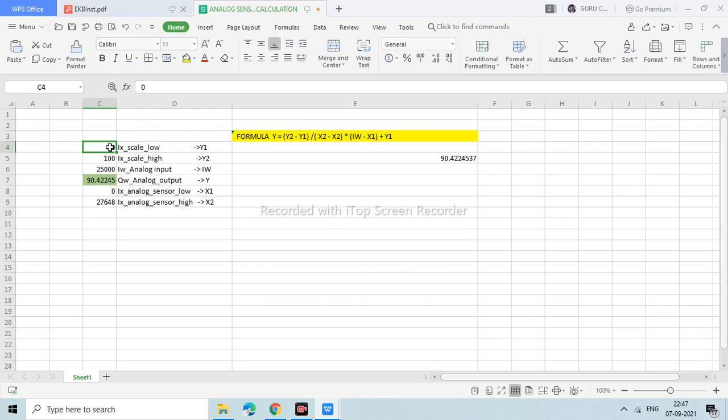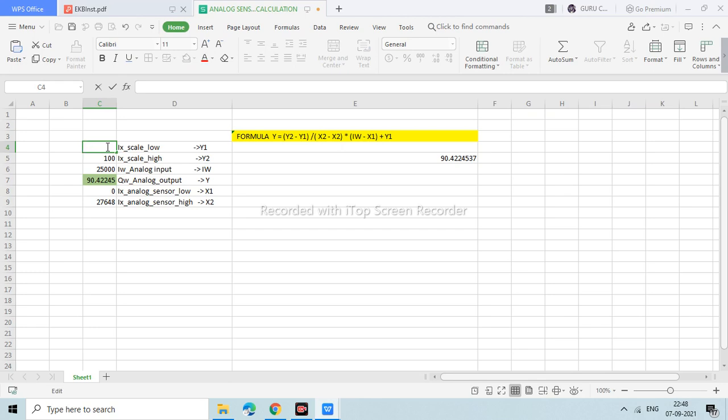First is the theoretical explanation in this video. In the next video we will explain our program in TIA Portal, and in the last video I will show how the analog sensor works in HMI, how we connect, and the communication between TIA, our program, and HMI. So tune in.